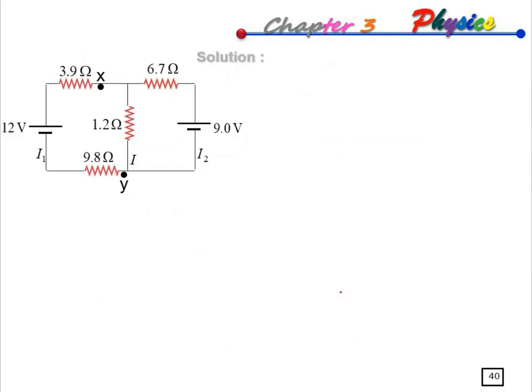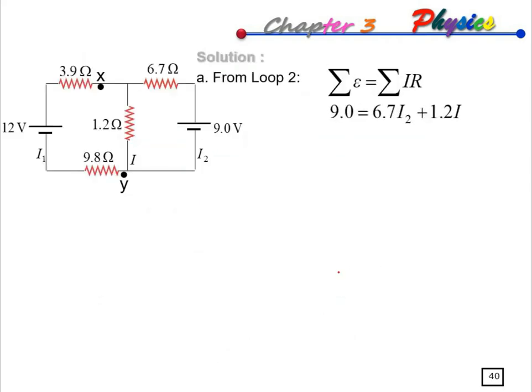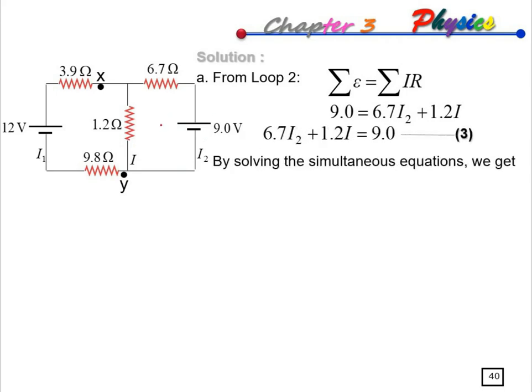For the second loop, we have the equation here. The second loop is here actually. The summation of EMF equals the summation of the product of IR. The direction of the loop is on this side.